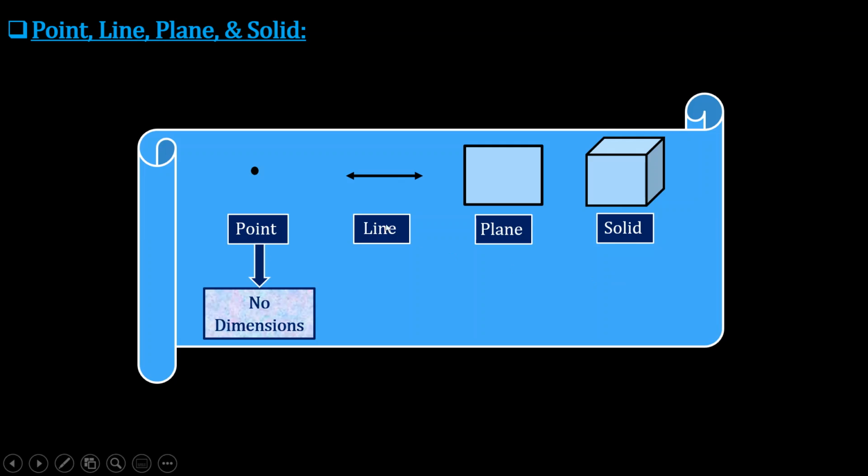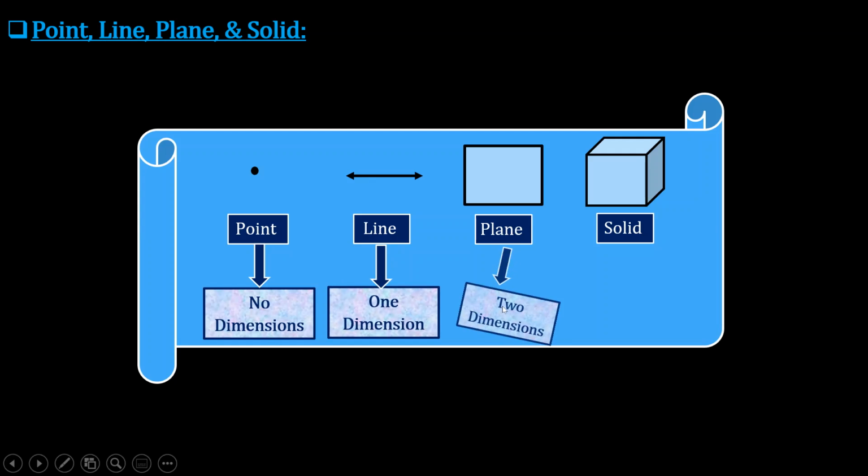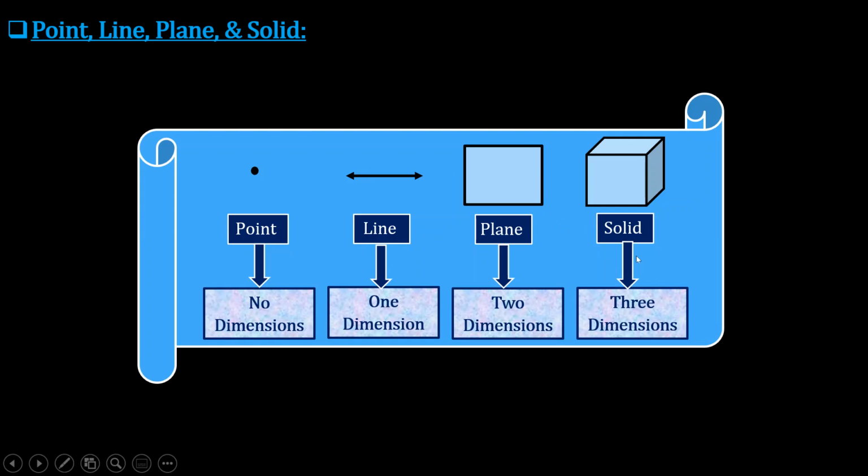Point has no dimensions, line has one dimension, plane has two dimensions, length and width, and solid has three dimensions, length, width and height or depth. So that's the relation among all these: point, line, plane and solid.